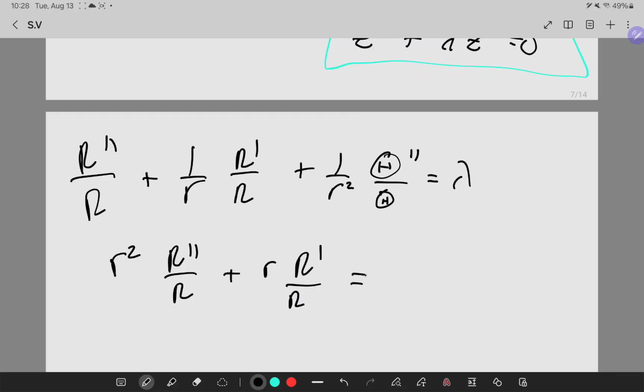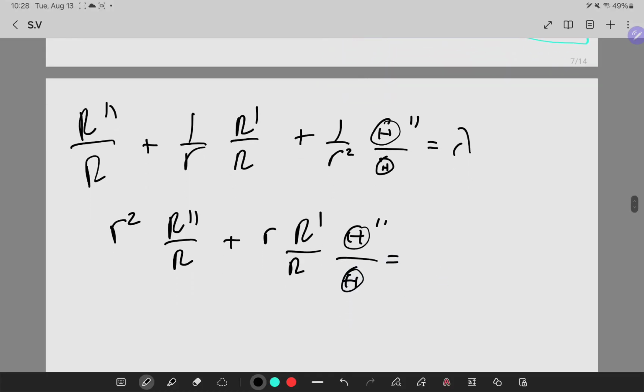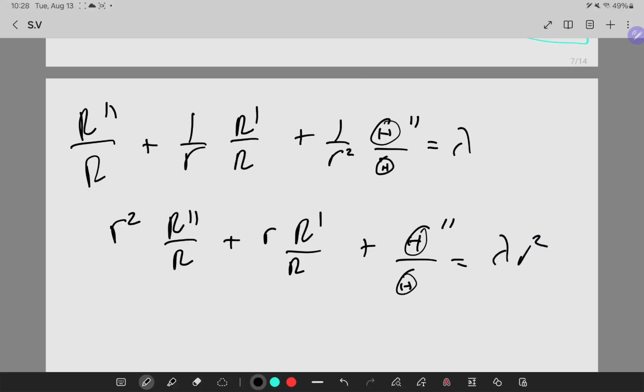Then, plus this over this is equal to lambda r squared.